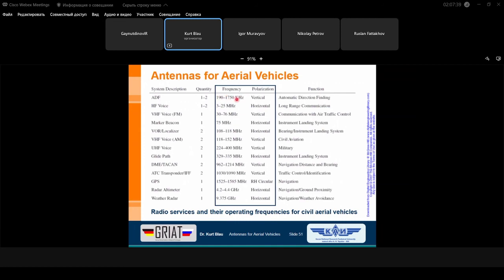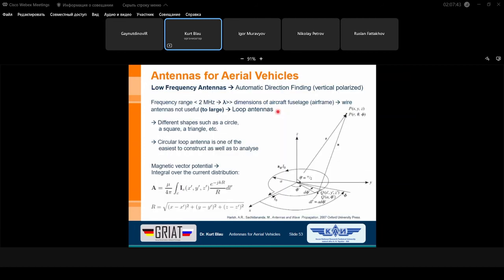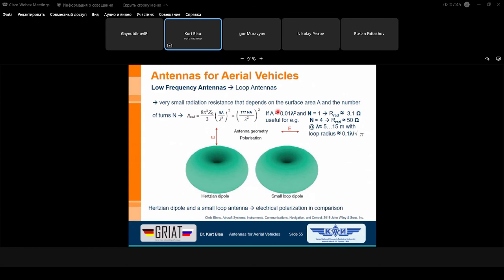Then we'll see in which way the loop diameter and the number of turns should be, how large the difference should be. And to make it comparable, you can assume in this calculation example that we want to have the same diameter of the loop.